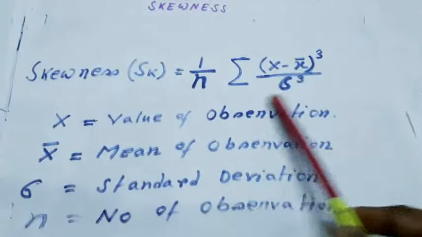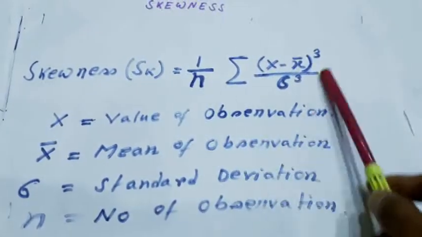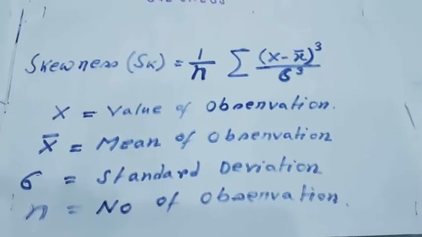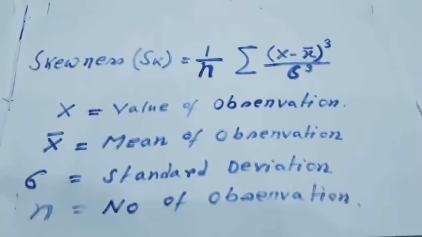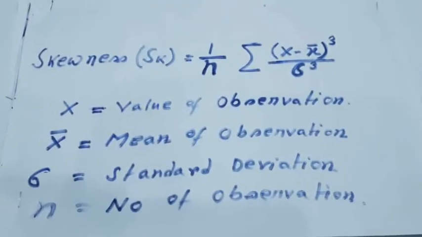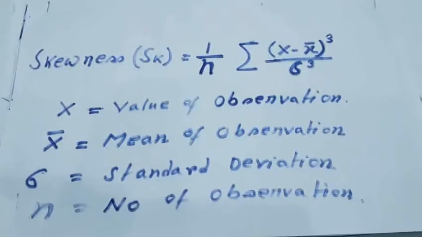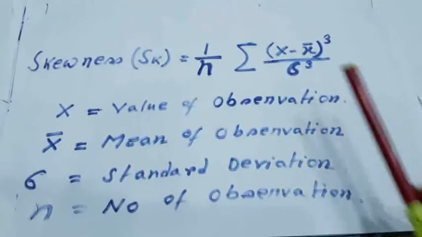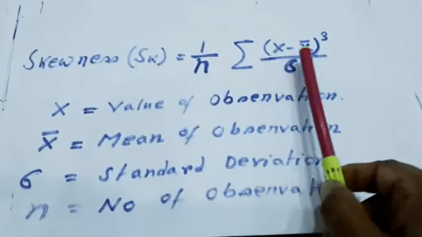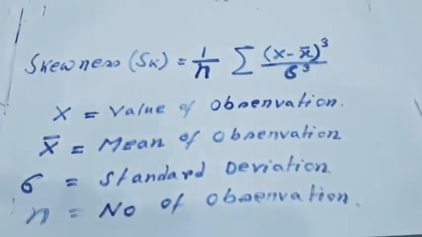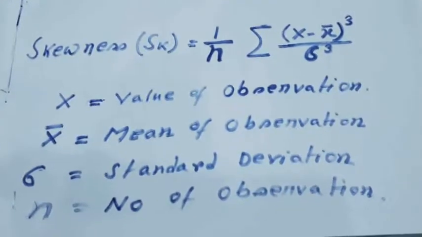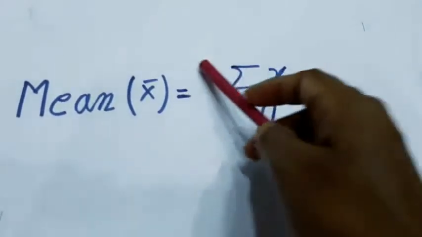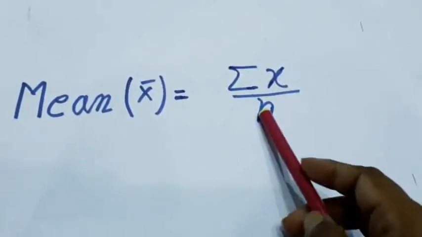So from this formula we can understand that to get the value of skewness we need the mean value, and as we know mean value is obtained by summing up the observation divided by the number of observation.